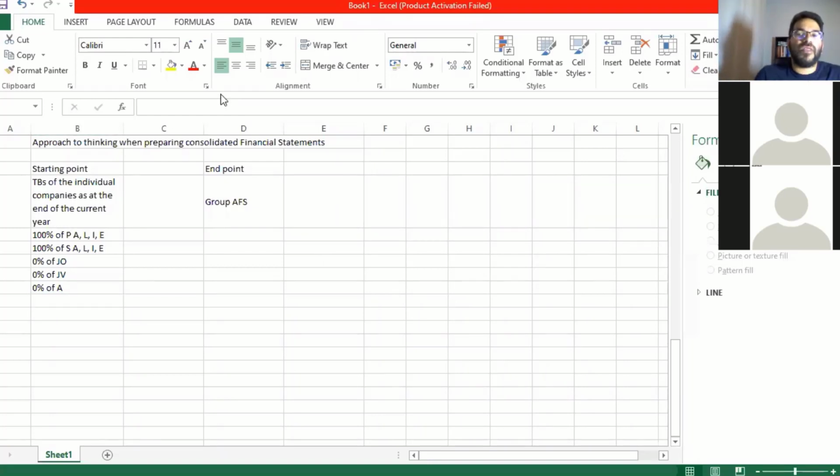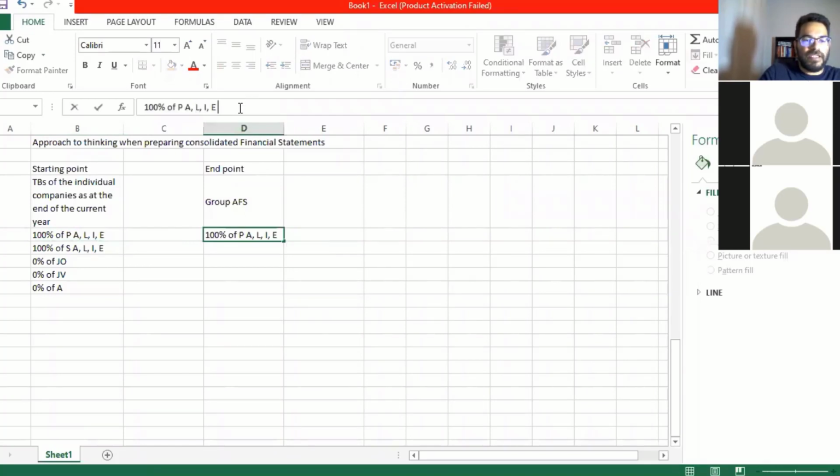So remember, this plays a critical role. Understanding your starting point plays a critical role in your journal entries. But now, what is the end point? The end point is 100%. The end point for the parent is the same, but from a group perspective.